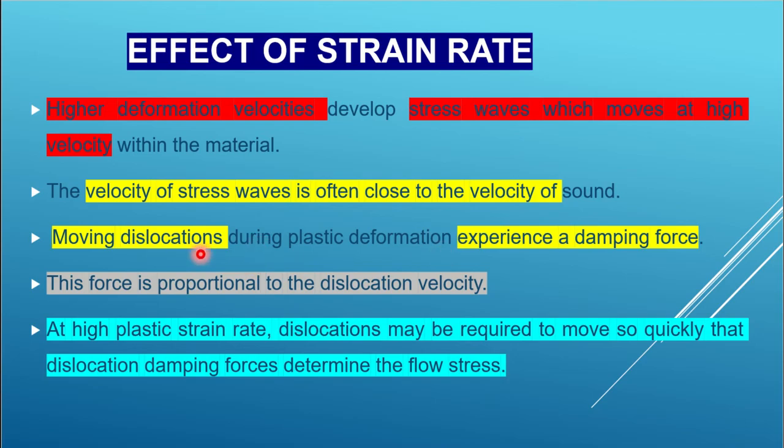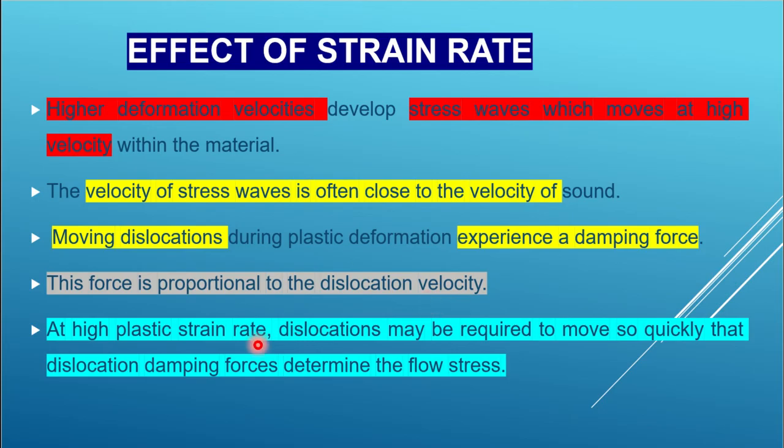So moving dislocations. Basically, dislocations are nothing but group of atoms. So for a particular material to deform, the group of atoms should move. That is actually moving dislocations. Moving dislocations during plastic deformation experience a damping force due to this high stress waves. And this force is proportional to the dislocation velocity.